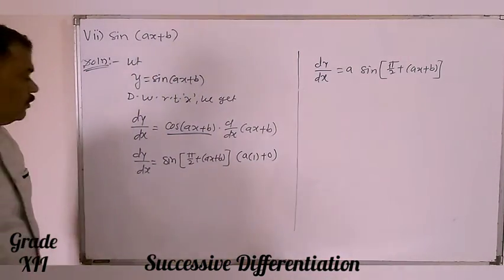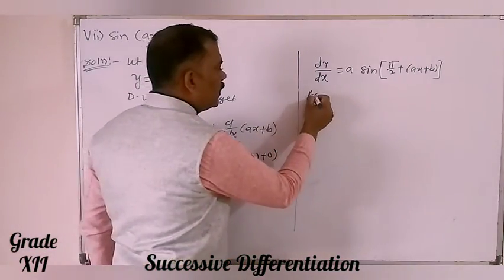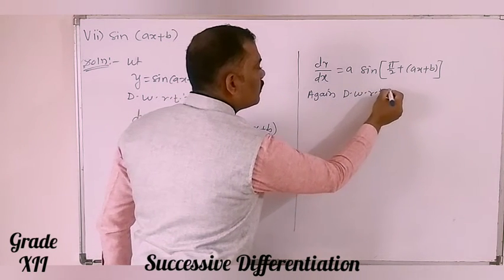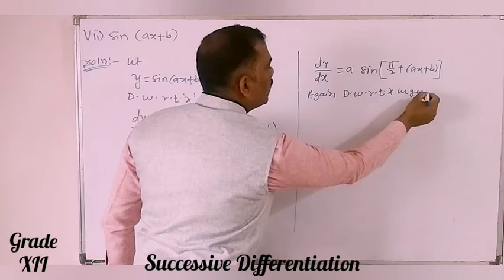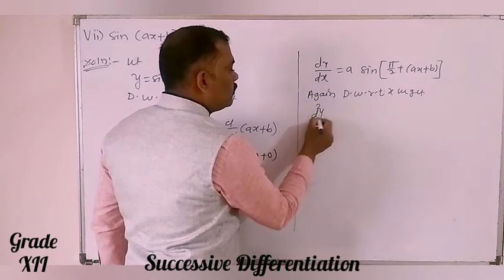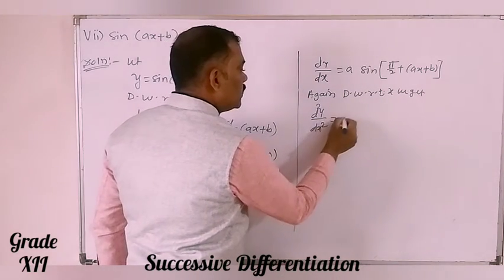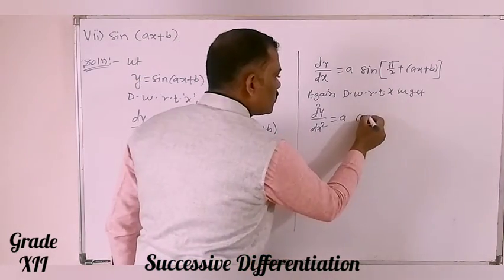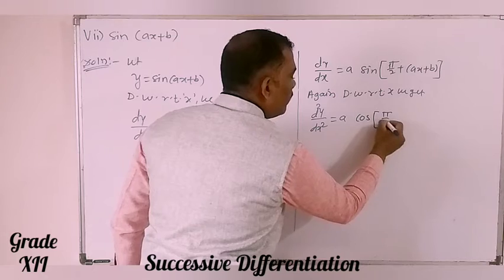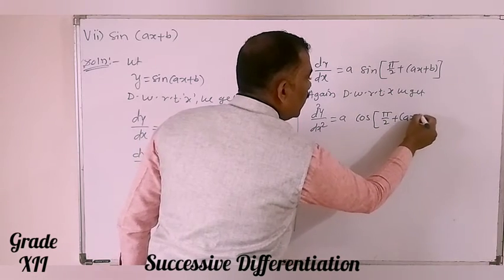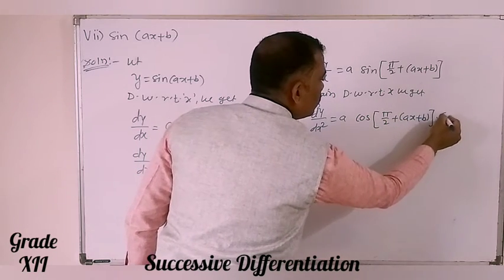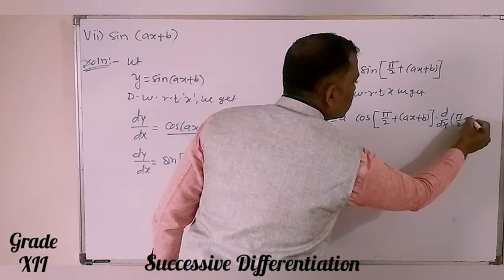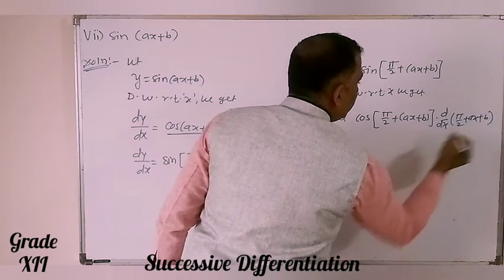Again we have to differentiate with respect to x. Again differentiating with respect to x, we get d2y by dx square is equal to a into, what is the differentiation of sin? We know that it is cos of pi by 2 plus ax plus b into d by dx of pi by 2 plus ax plus b.